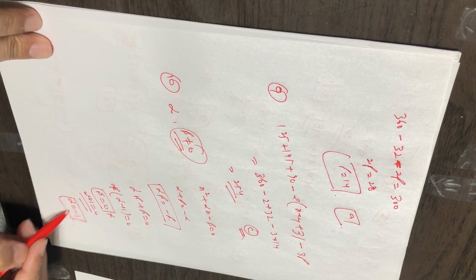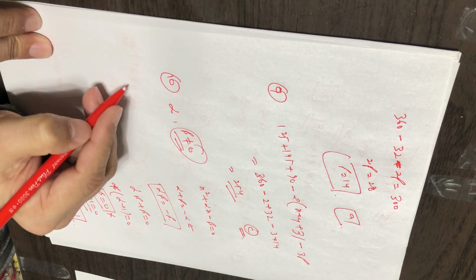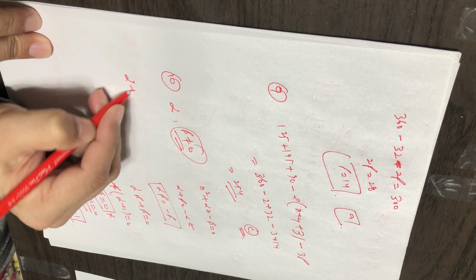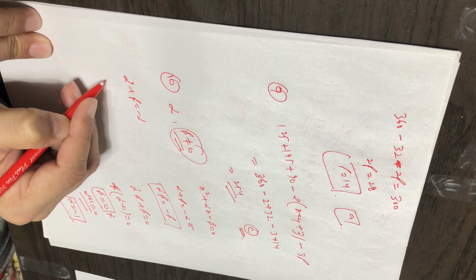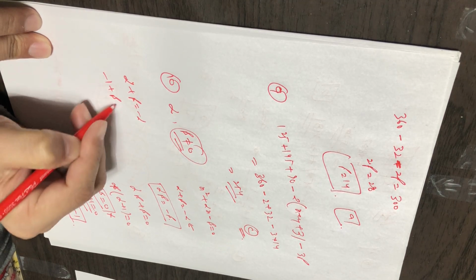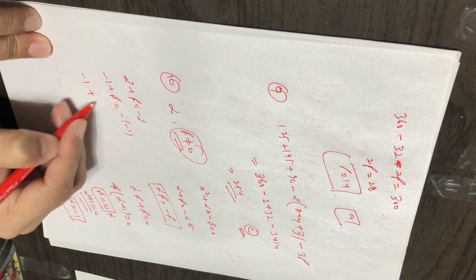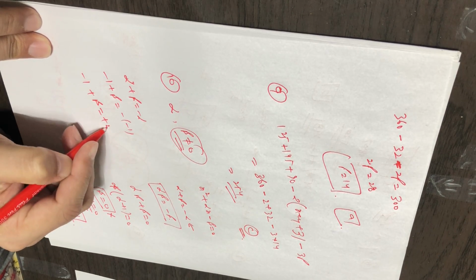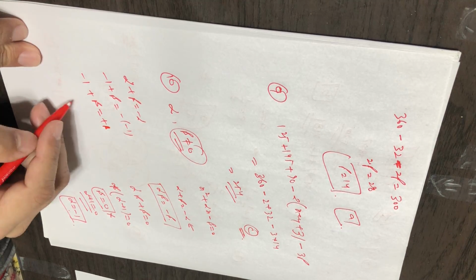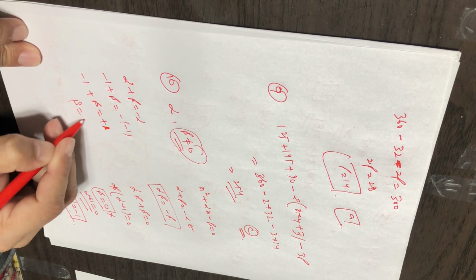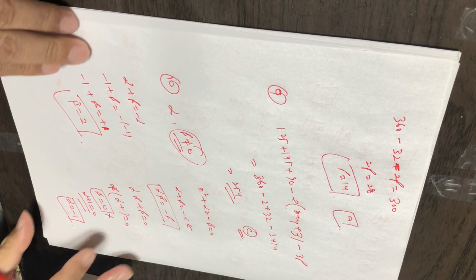So we are going to put this value into the equation. This will equal minus alpha, which is minus of minus 1, plus 1. This will equal beta is equal to 2. We got the values of alpha and beta.